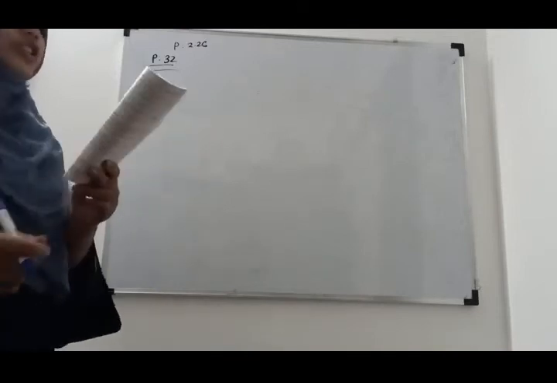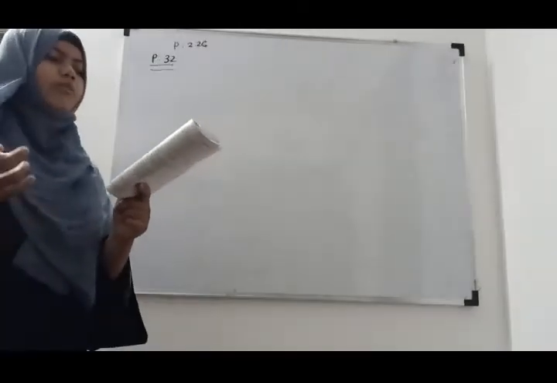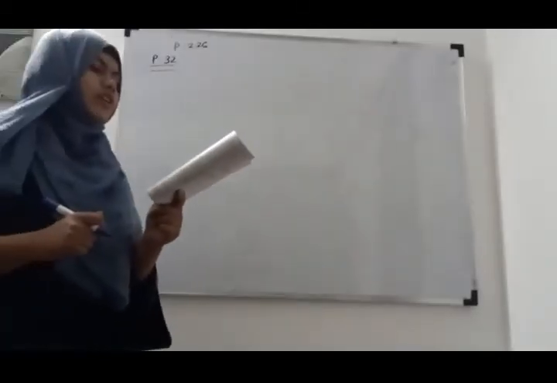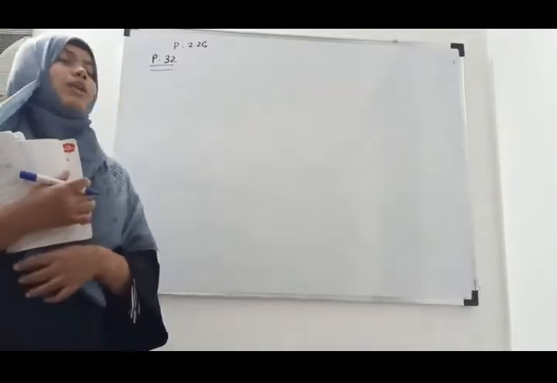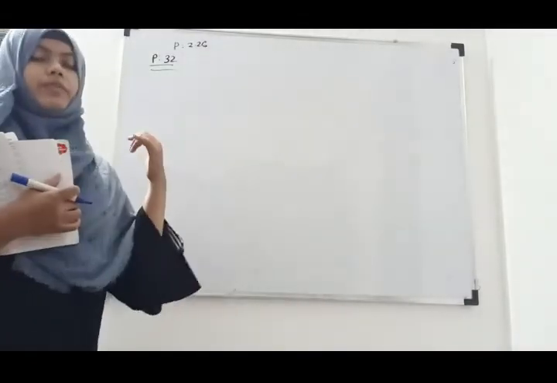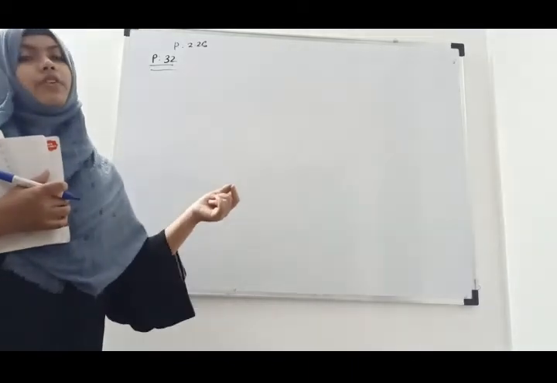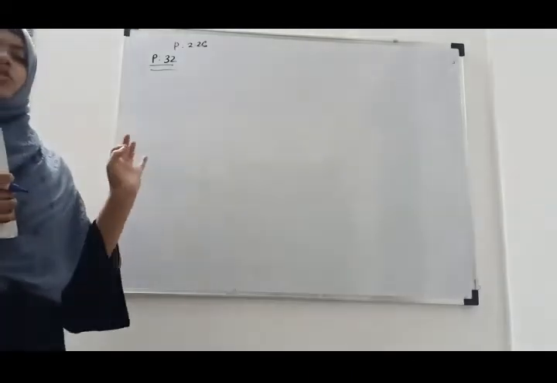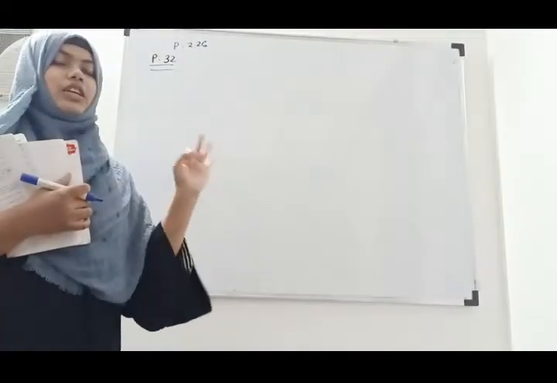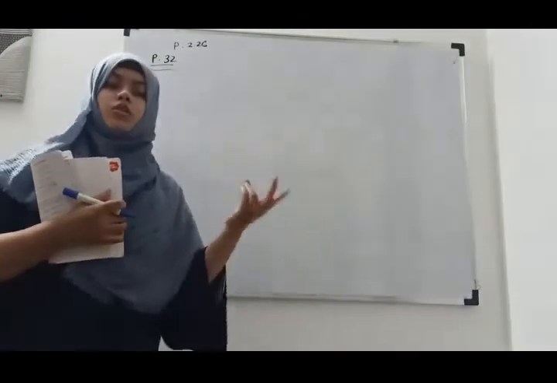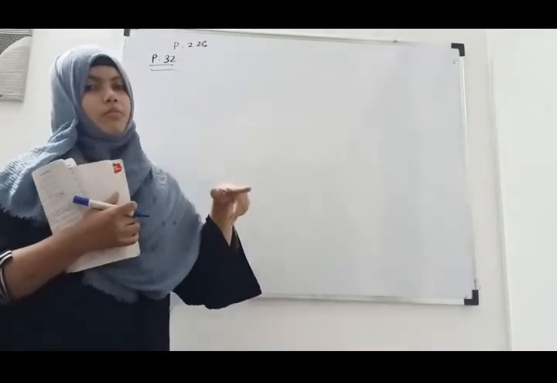The question is: draw histogram, frequency polygon, and ogive curve, that is, less than and more than, for the following frequency distribution. One more thing I wanted to tell you: if it is mentioned to draw the less than cumulative frequency curve, then you just draw the less than, but if it is given 'or' ogive curve, that means you have to draw both less than and more than.